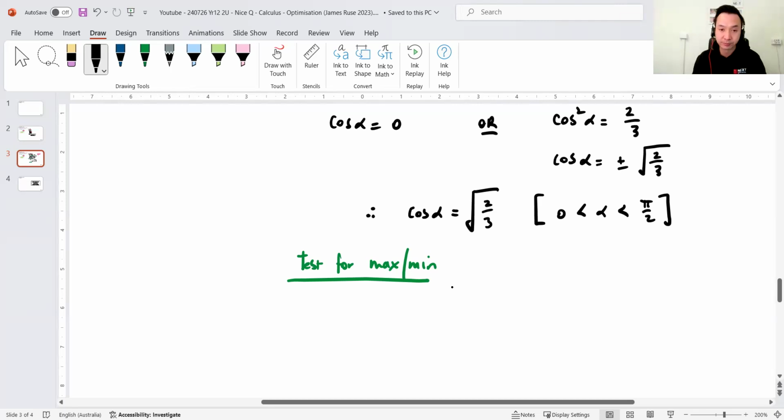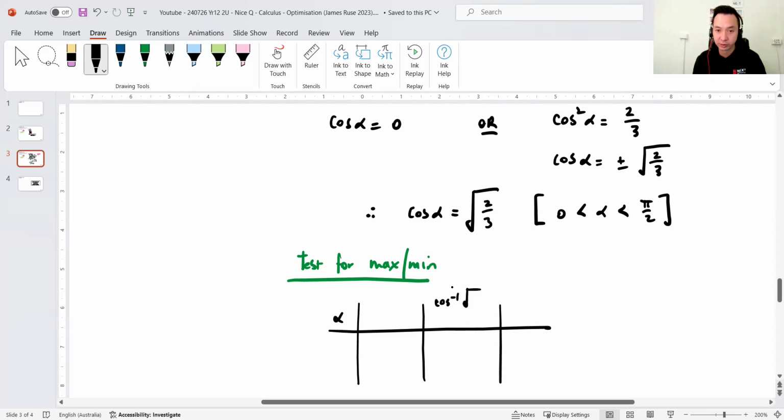Okay, cool. So when I test this, my answer for alpha is inverse cos of root 2 over 3, which is approximately 0.6. So maybe I'll go 0.5 over here and 1 over here.